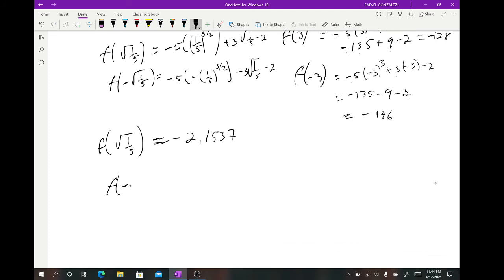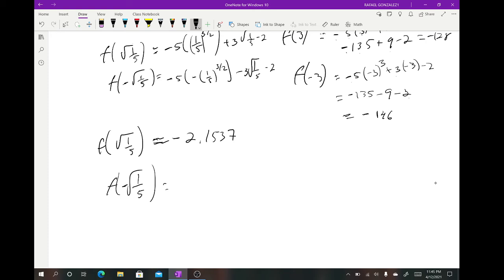And then the next one, f of negative radical 1/5, is going to be equal to, let's see, we have a negative sign up front. Minus, I see what I did.